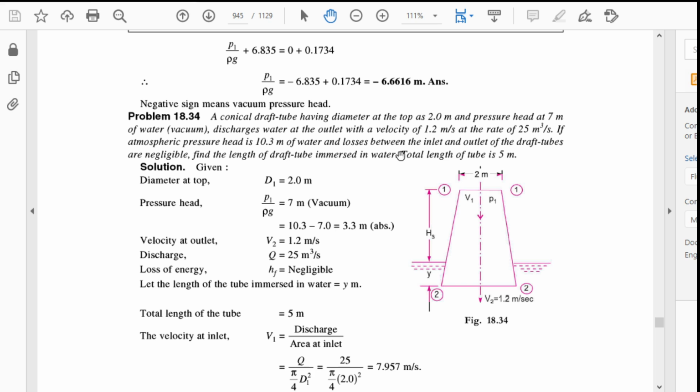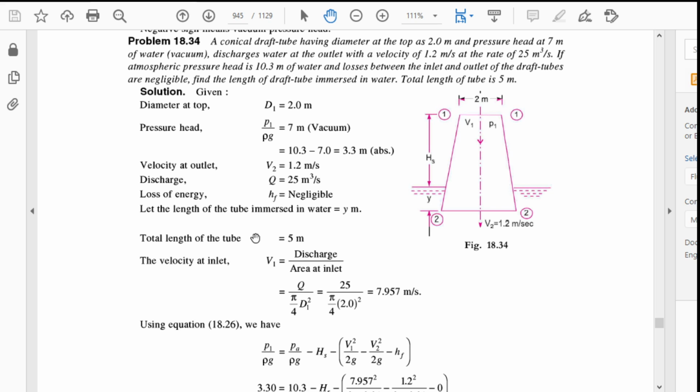Now second one, on the same part, is a conical draft tube having diameter at the top as 2 meters and pressure head at 7 meters of water, discharges at the outlet with velocity of 1.2 meters per second at the rate of 25 meters cube per second.